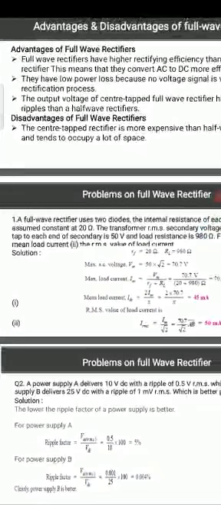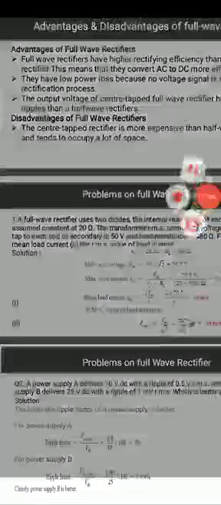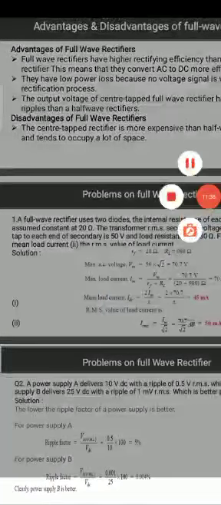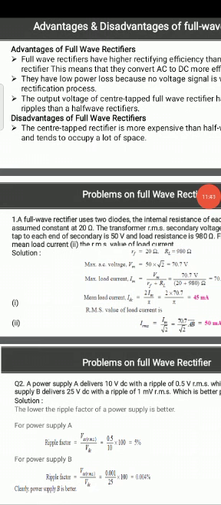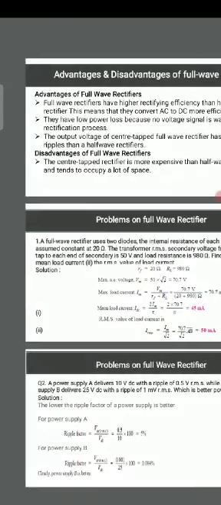So clearly see here the power supply A ripple factor is 5% and power supply B ripple factor is 0.004%. Clearly power supply B is better because it has the lower ripple factor. Power supply A has the higher ripple factor.